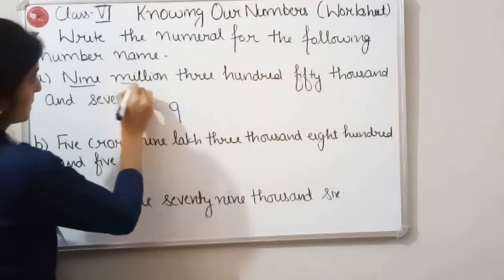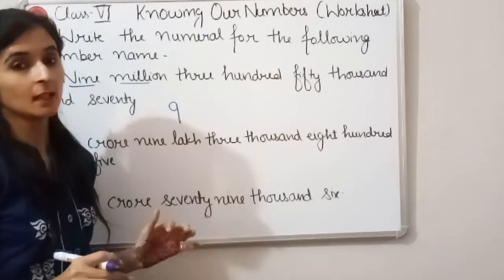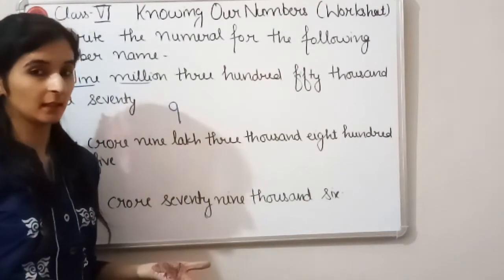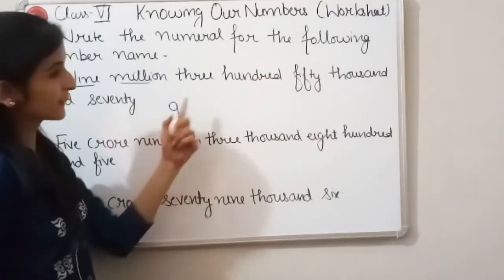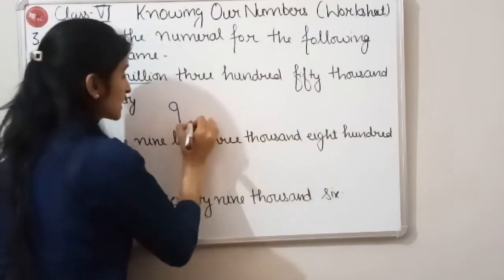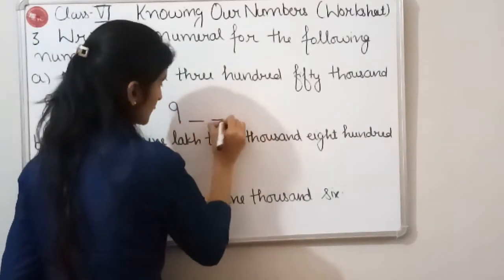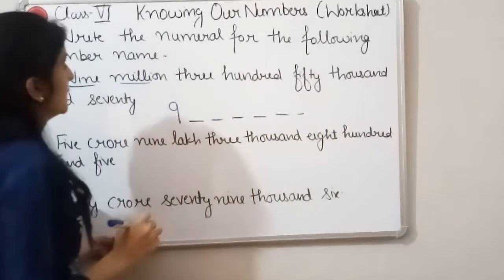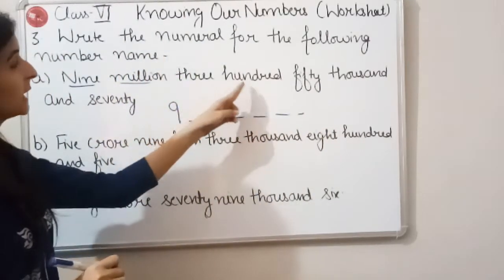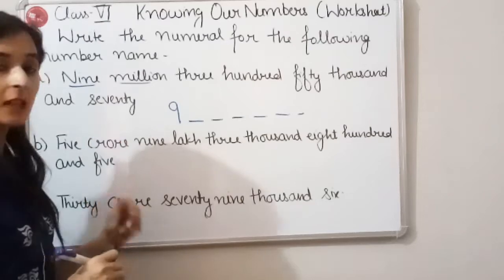Now here it's million. In million, how many zeros are there? In million there are 6 zeros. So it means after 9 there will be 6 more digits: 1, 2, 3, 4, 5, 6. Then there is 350,000.